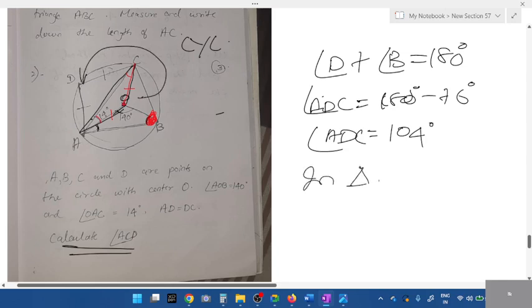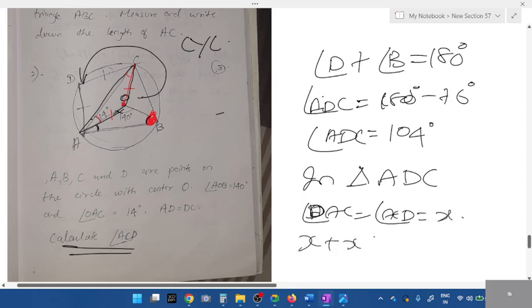In triangle ADC, two angles are equal. Angle DAC is equal to angle ACD, that is equal to x. So x plus x plus angle D, 104 degrees, is equal to 180. What's the answer, students?